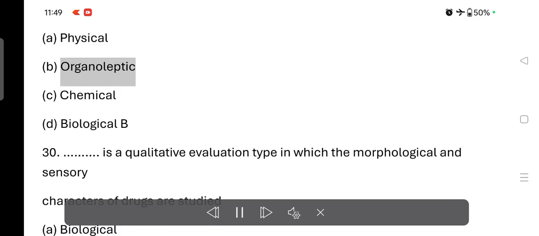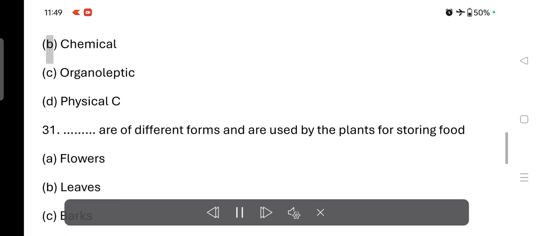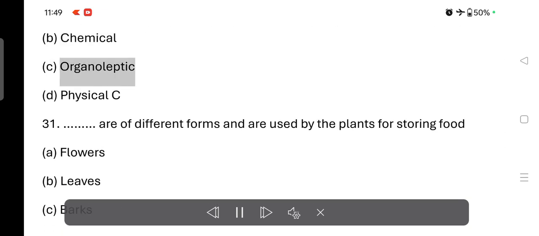B. Organoleptic. C. Chemical. D. Biological. Answer: B. 30. Is a qualitative evaluation type in which the morphological and sensory characters of drugs are studied. A. Biological. B. Chemical. C. Organoleptic. D. Physical.